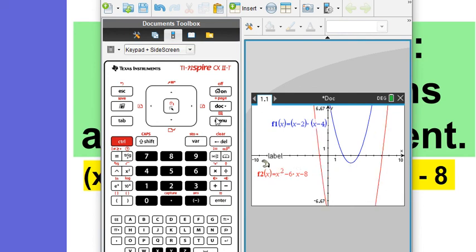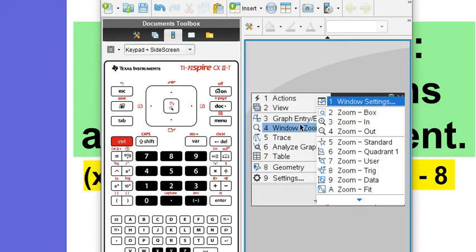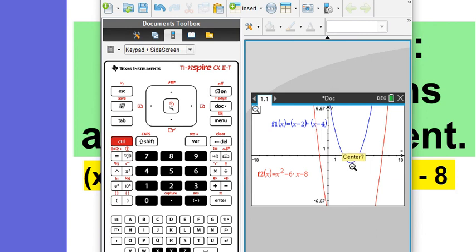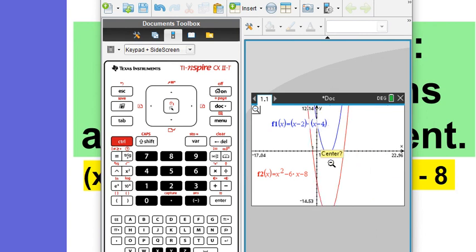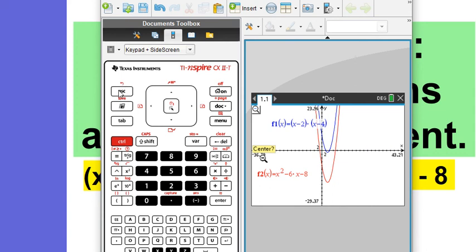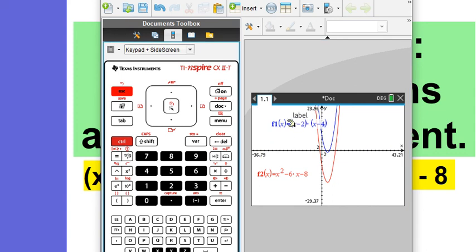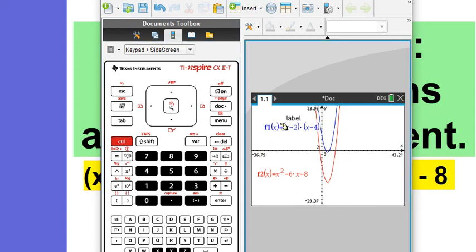Now, as I zoom out, what's happening to these two parabolas?